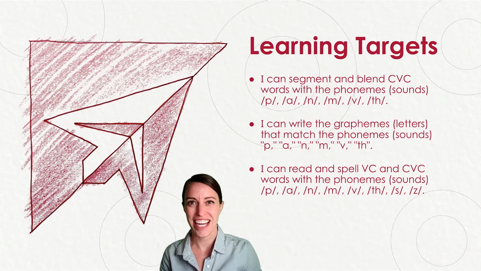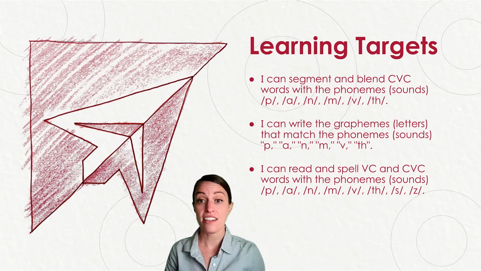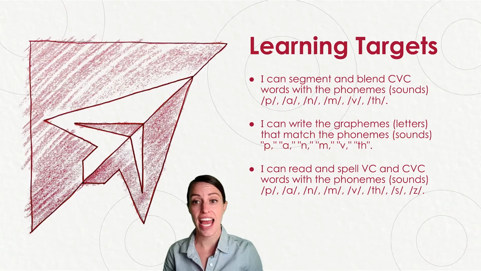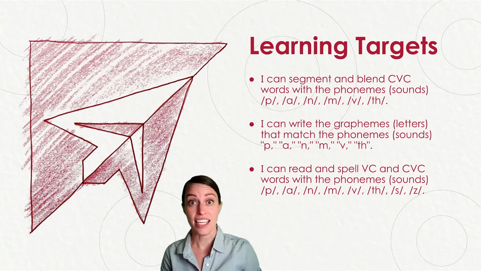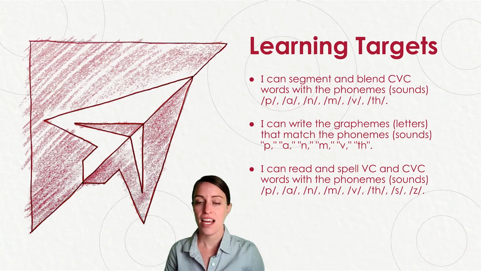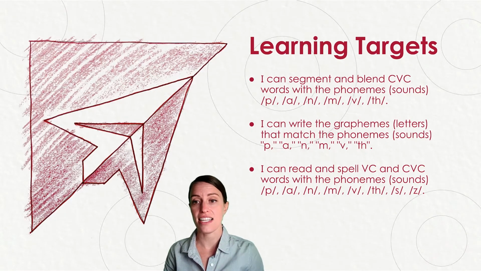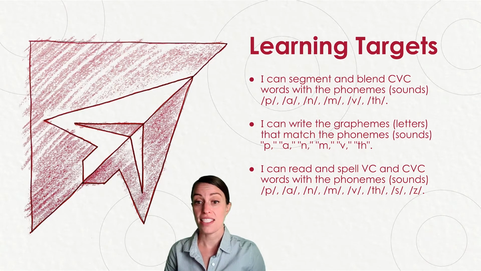Our second learning target is I can write the letters that match the sounds P, A, N, M, V, and the digraph TH. And finally, our third learning target is I can read and spell vowel consonant and consonant vowel consonant words with the sounds p, a, n, v, th, s, and z.